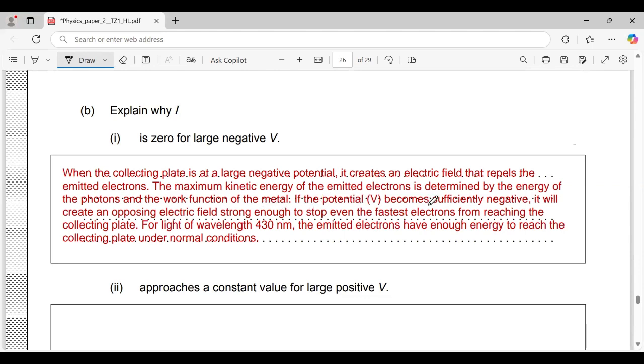If the potential phi becomes sufficiently negative, it will create an opposing electric field strong enough to stop even the fastest electrons from reaching the collecting plate. For light of wavelength 430 nanometers, the emitted electrons have enough energy to reach the collecting plate under normal conditions. You may add your opinion, sentences, or words to these explanations.